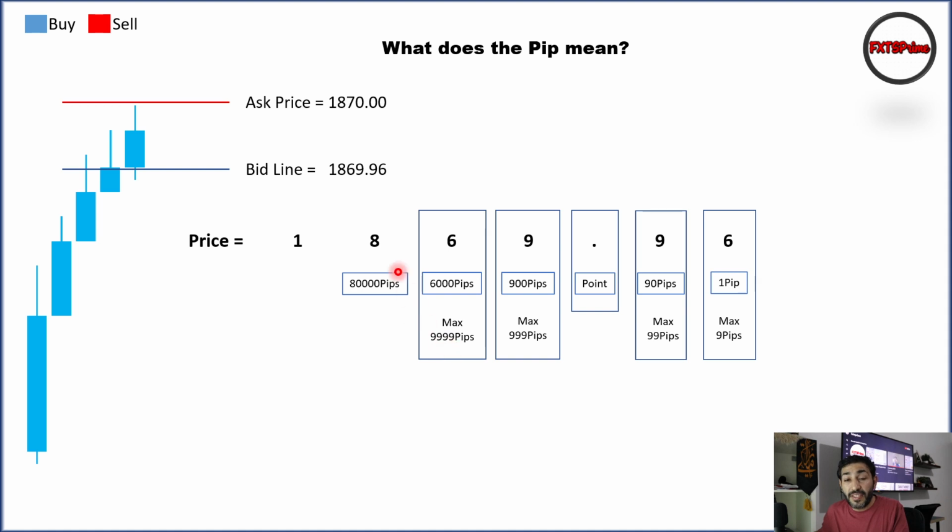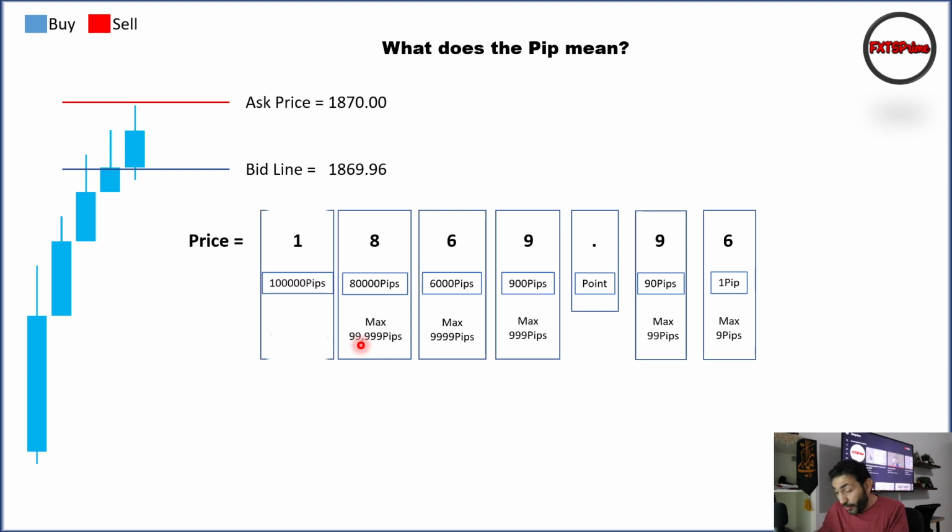When it comes to this number here, it is equivalent to 80,000 pips, and the maximum in this digit is 99,999 pips, when these digits are all 9. So this is the increment of 1,000 pips.